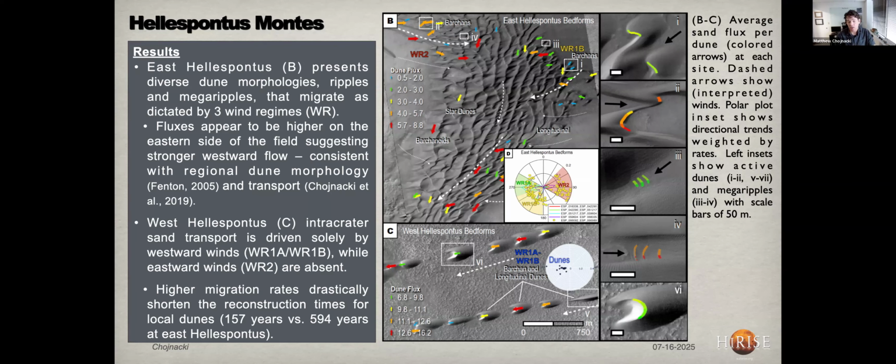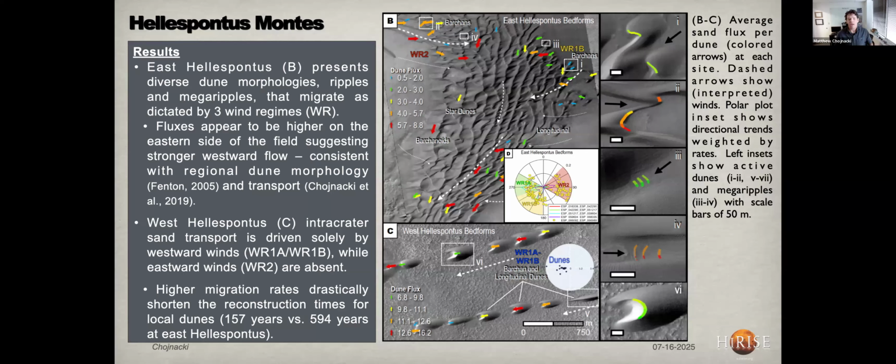Meanwhile, in West Hellespontus, looking at the figure C, you can see that sand transport is driven solely by the westward winds, while eastward winds are not really visible. We saw higher migration rates at the West Hellespontus site because they're all going in one direction.